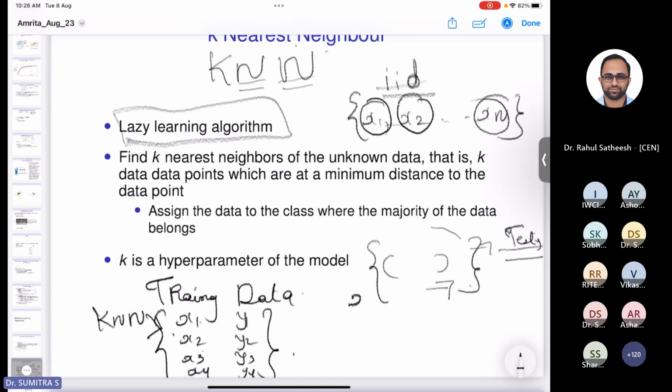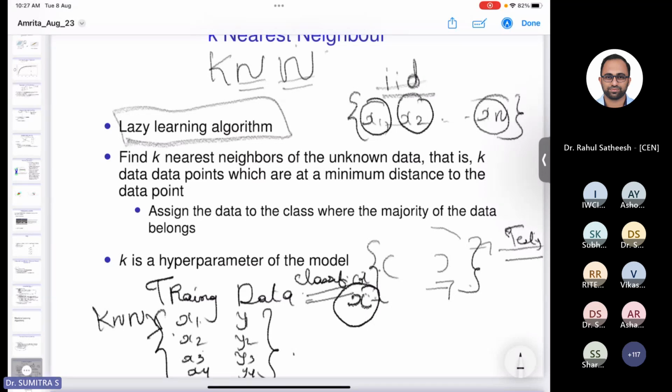For a new data point X, I want to predict what the Y value is. So this is the scenario. We are using this for a classification problem.